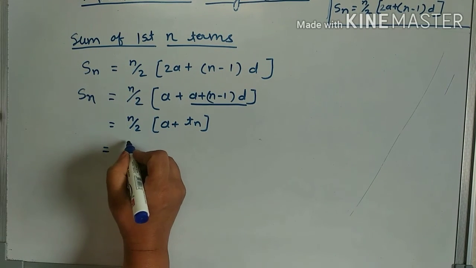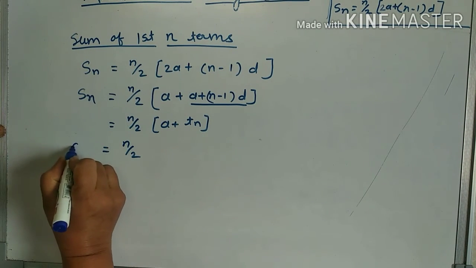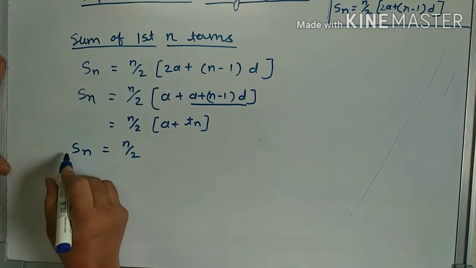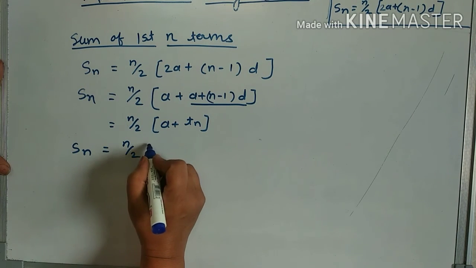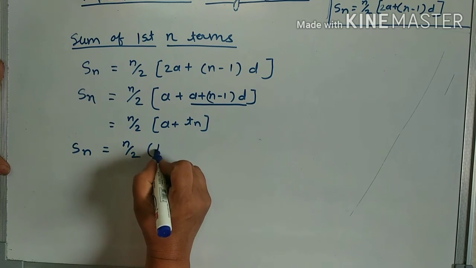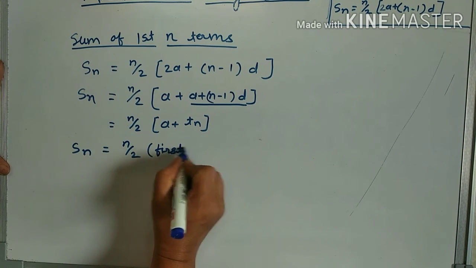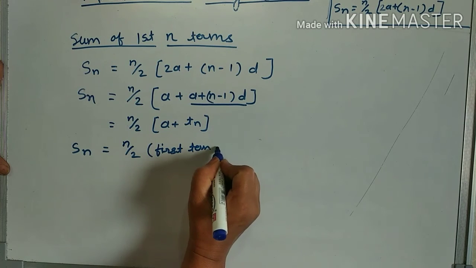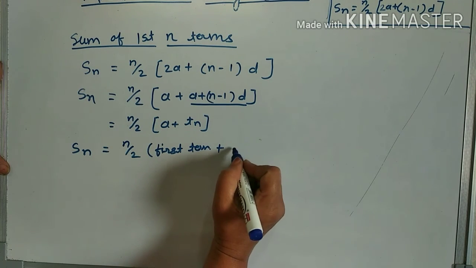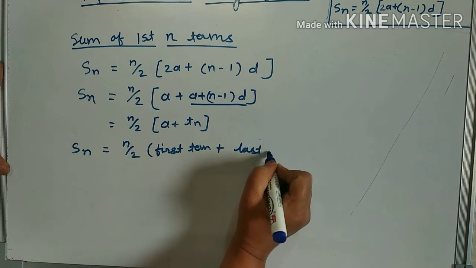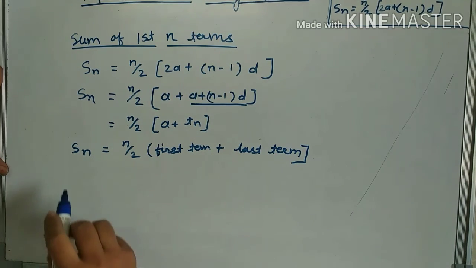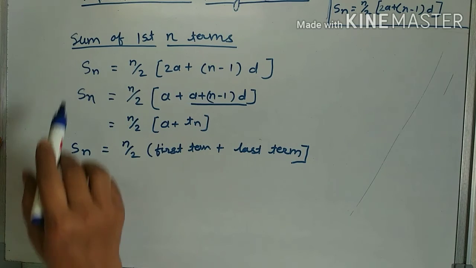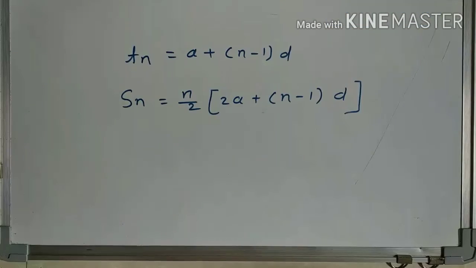So Sn, the sum of the first n terms, equals n by 2 into first term A plus last term. We can use this formula to find the sum of the first n terms.